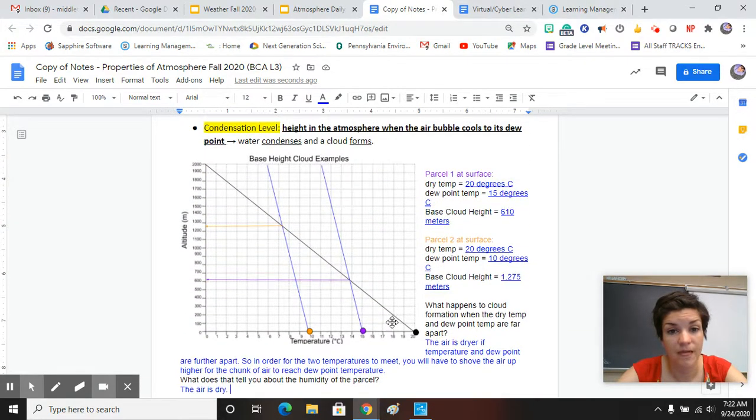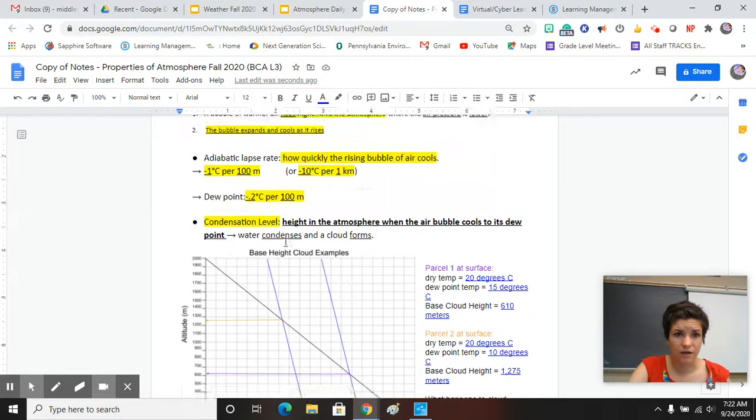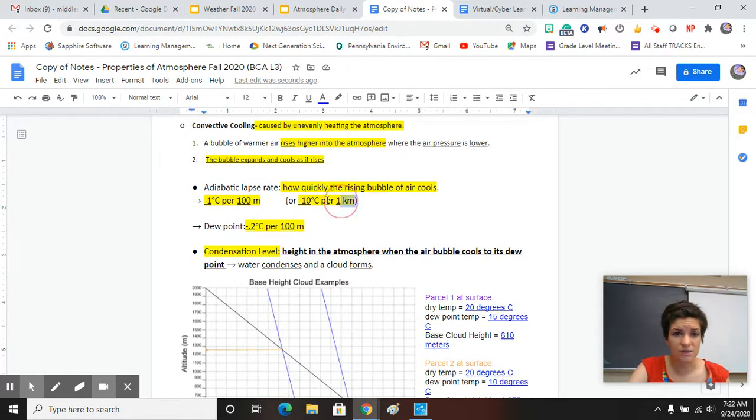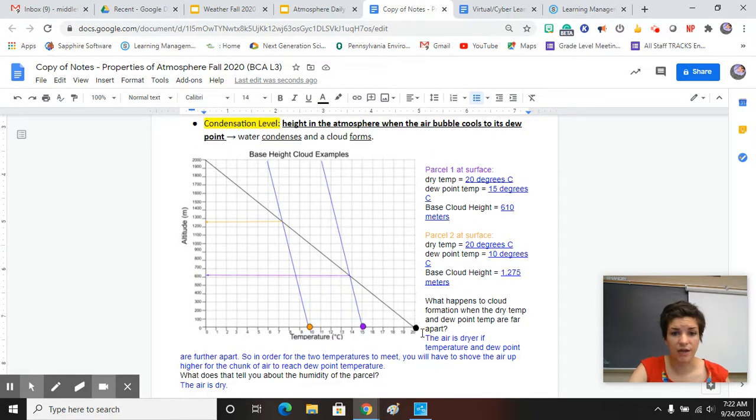All right, so this is how we can graph and figure out, I have this chunk of air that has a dew point of this, how high do I have to lift it? You use this graph, and where they overlap. And remember, this line is drawn by using this information. So we know what we're starting at.